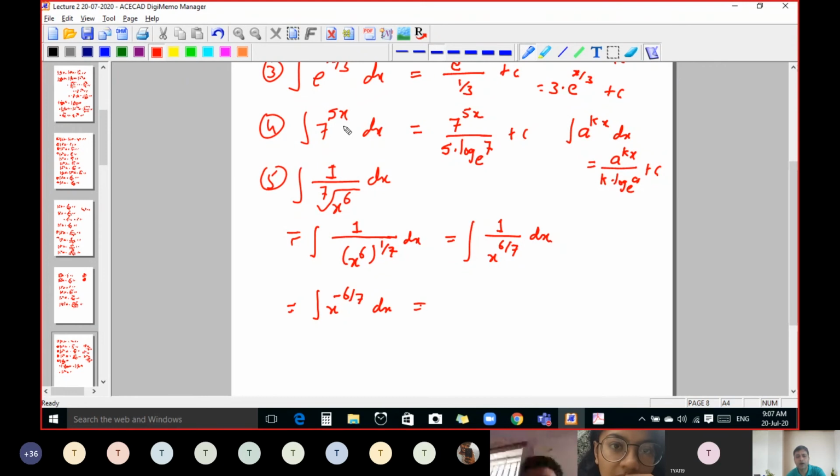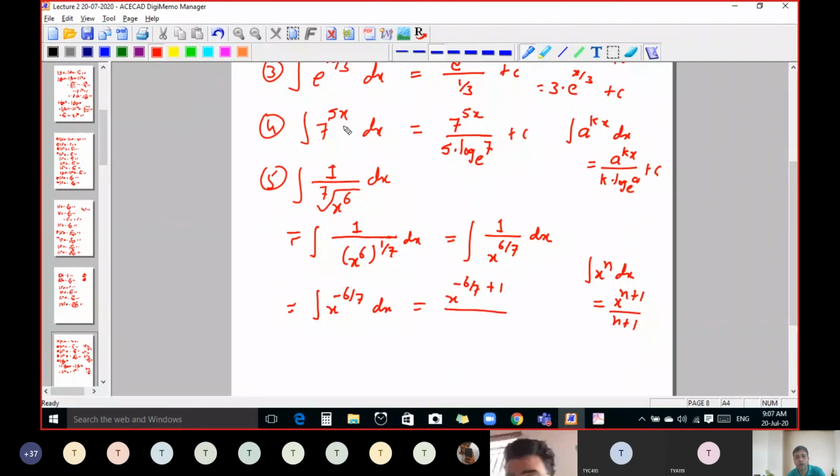And now, according to the rule for x raised to n, you can find the answer by using this rule. Here we have to add 1. So it is x raised to minus 6 by 7 plus 1, upon minus 6 by 7 plus 1, plus c.